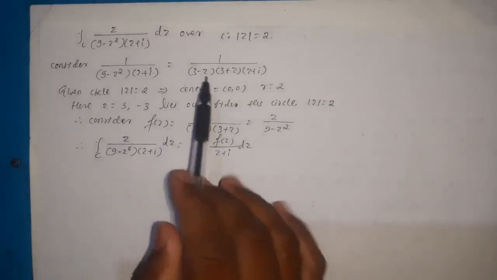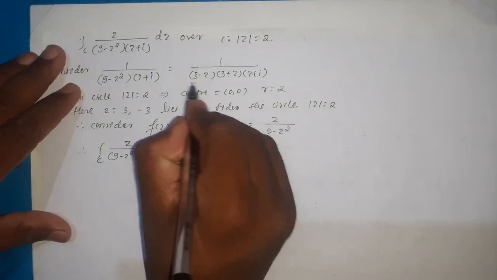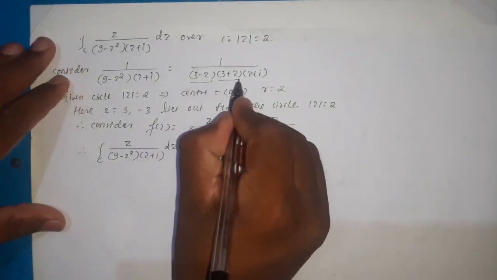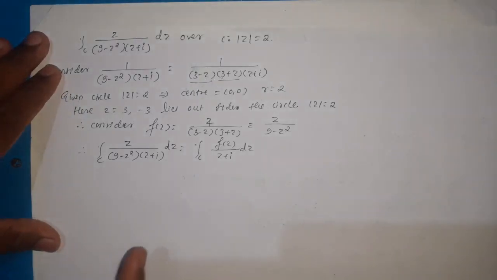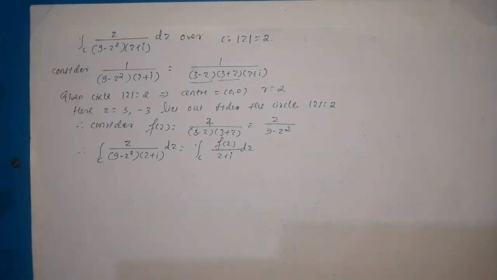So these two factors, 3 minus z and 3 plus z, have points outside the circle, so those two factors can be considered as f of z.